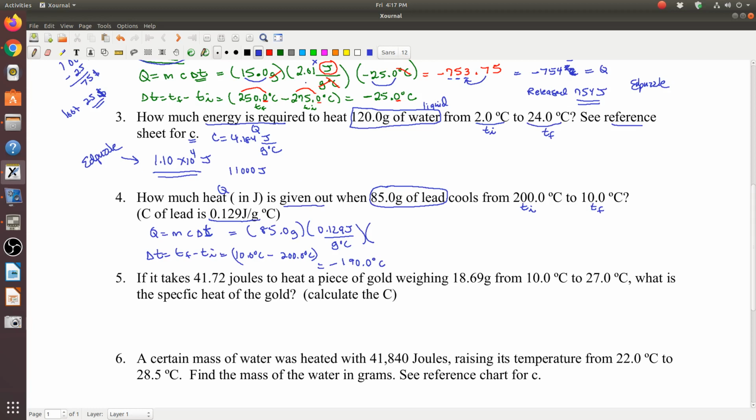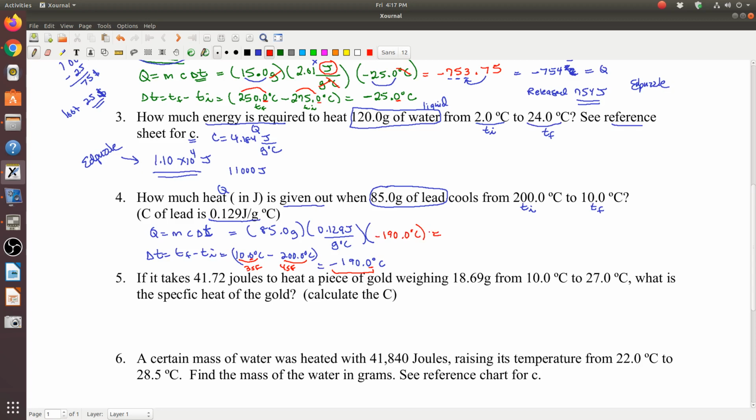Again, let's look at the significant figures. This one has 3, this one has 4, 3 sig figs, 4 sig figs. But we're subtracting, so we go to the tenths place. So this one has also 4 sig figs. So negative 190.0 degrees Celsius.